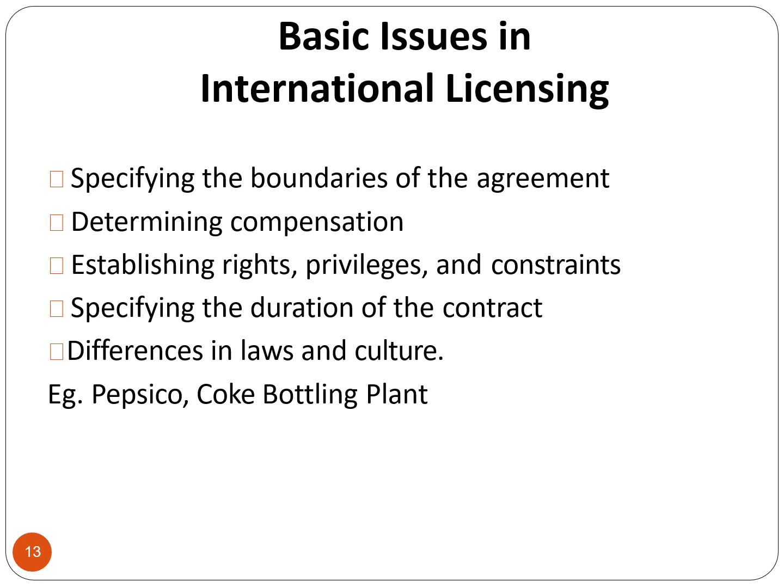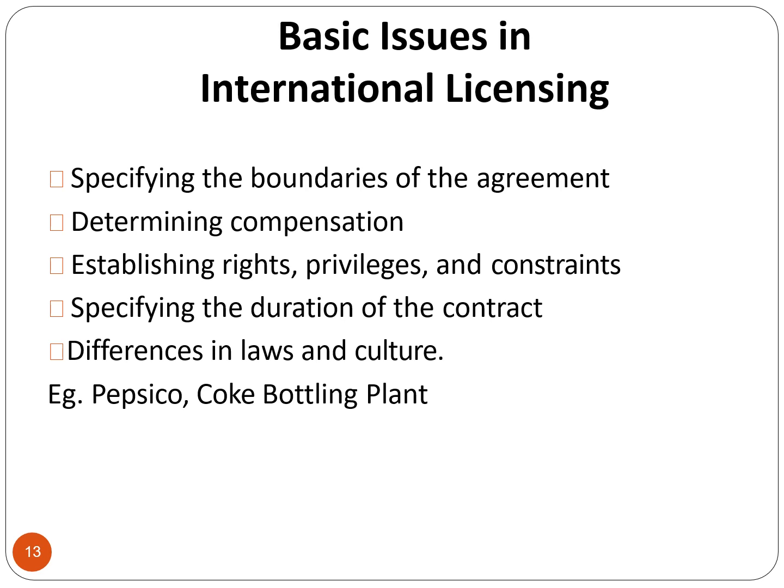Basic issues of international licensing. What are the issues that they see in licensing? First is the specification of the boundaries of the agreement. Here the licensor specifies where you should go, where you should not go, where you have to do business, and what type of business, all in an agreement.